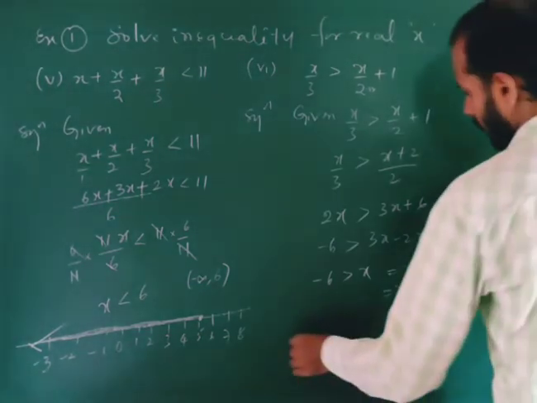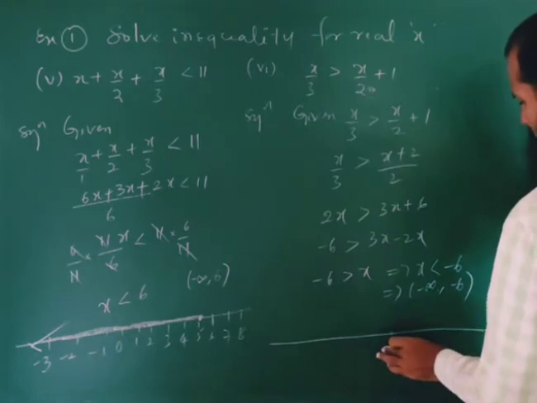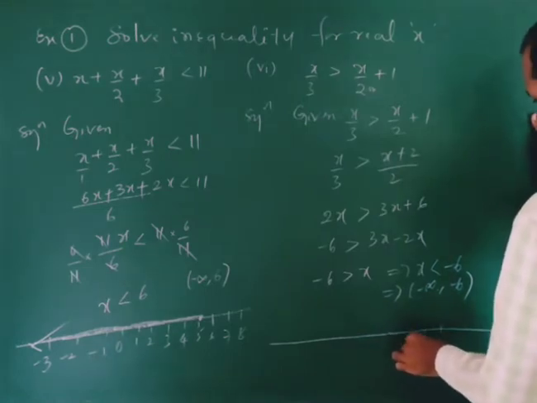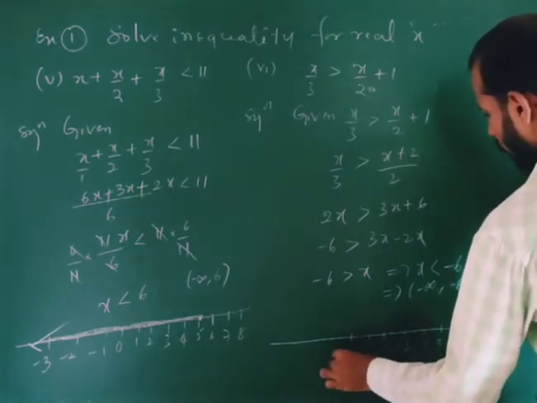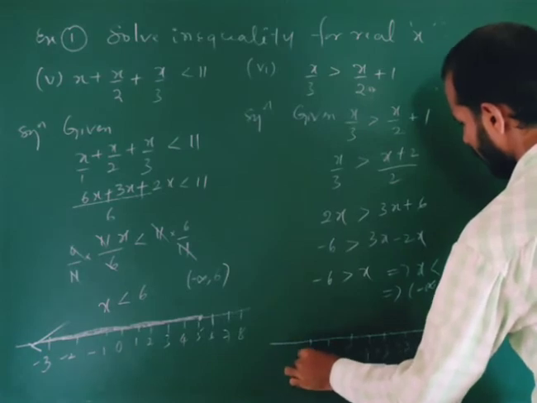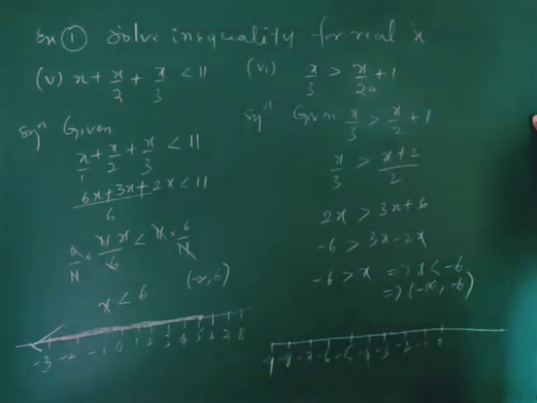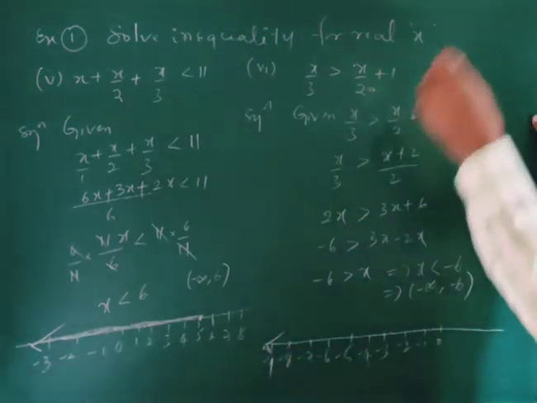So on the real line we can show it: 0, minus 1, minus 2, minus 3, minus 4, minus 5, minus 6, minus 7, minus 8, minus 9, so on like this. The real line goes up to minus infinity.